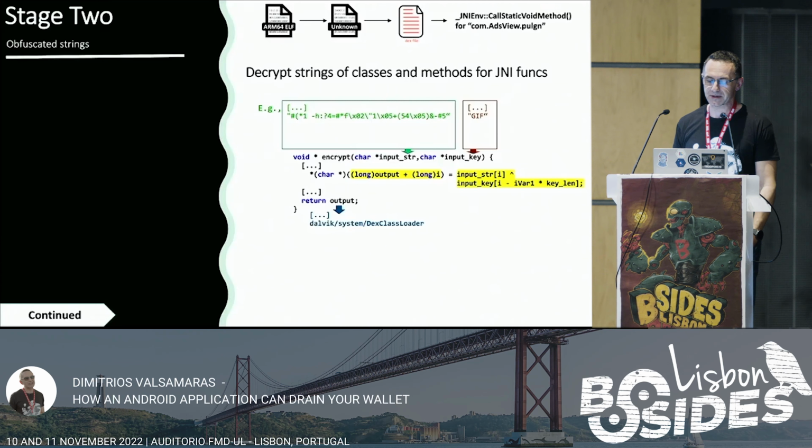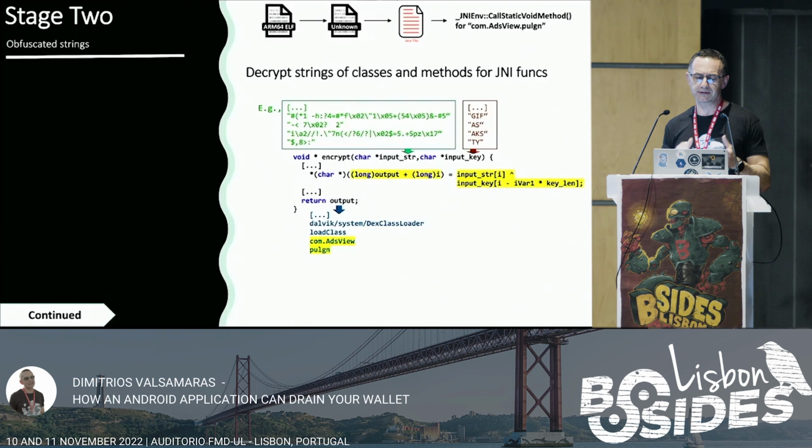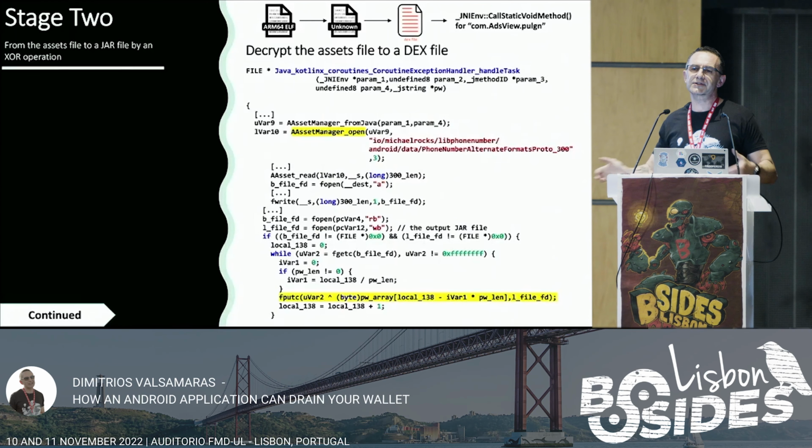Another one has something different. By decrypting these strings, XORing them back, we found calls to the DEX class loader. And we found calls to another class which wasn't anywhere in the initial APK.